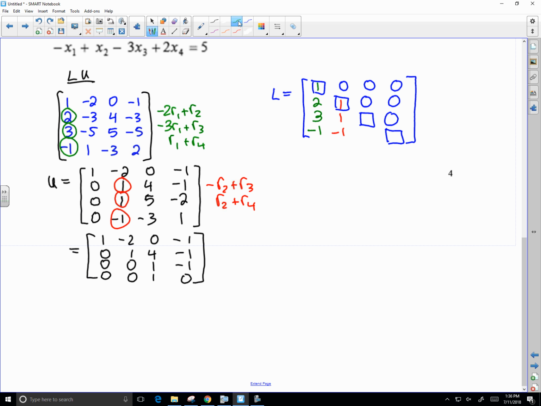All right, so now we're looking at this guy. So negative R3 plus R4. A couple of 1s, it looks like.